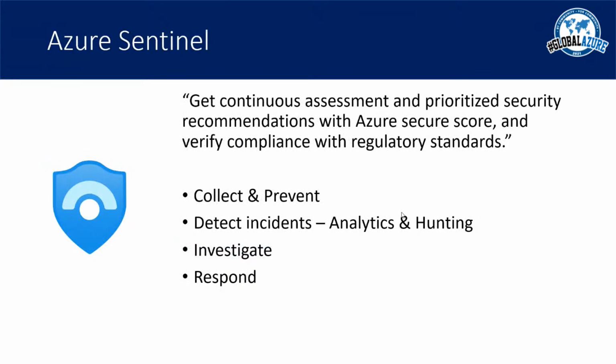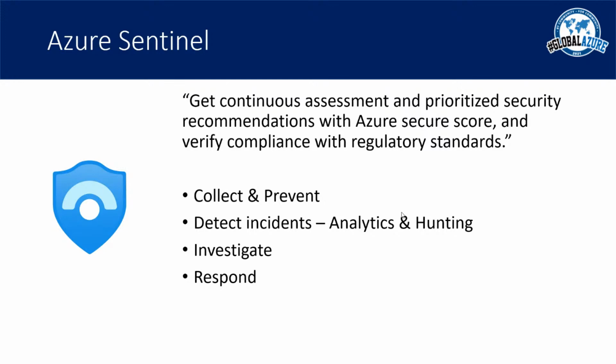Okay, the next topic is Azure Sentinel. Sentinel is more or less on top of the log analytics workspace, which gives you rules and allows you to hunt for any threats or analytics for any security threats, for example.